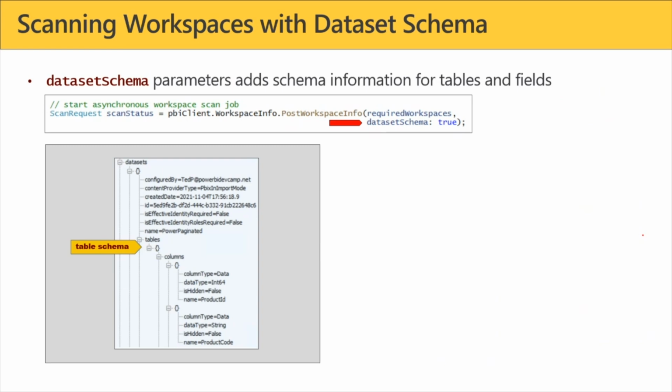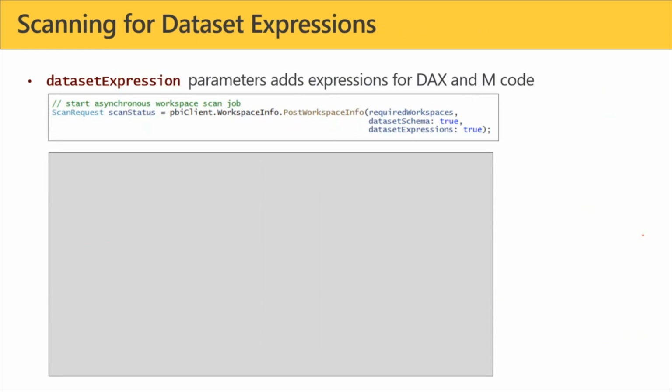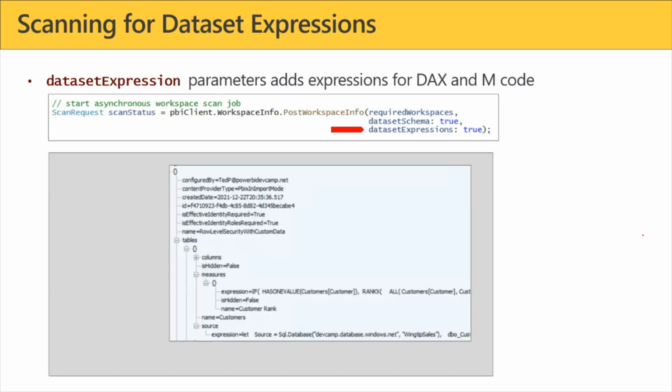But wait, there's more. The last one we're going to look at is that if you say data set schema and you add in data set expressions, what you'll find is that the results for measures are going to have the actual DAX expression that you can look at. And for your tables that have Power Query queries written in M code behind, they're going to be added inside there as well. Okay, so lots of good stuff inside here.